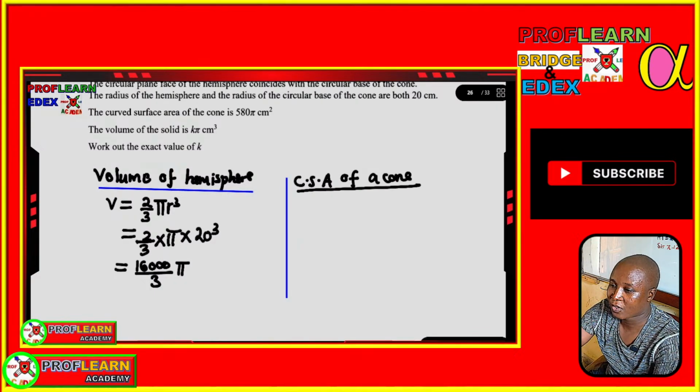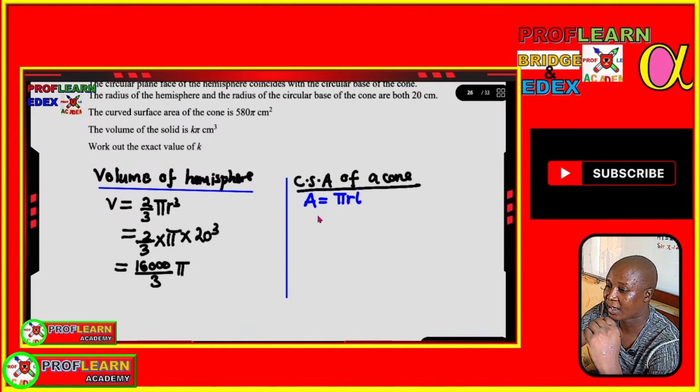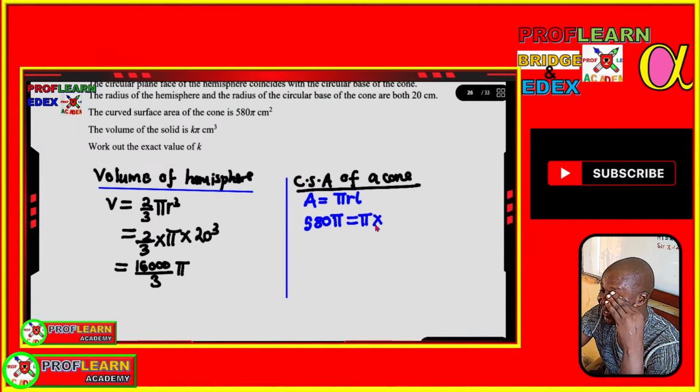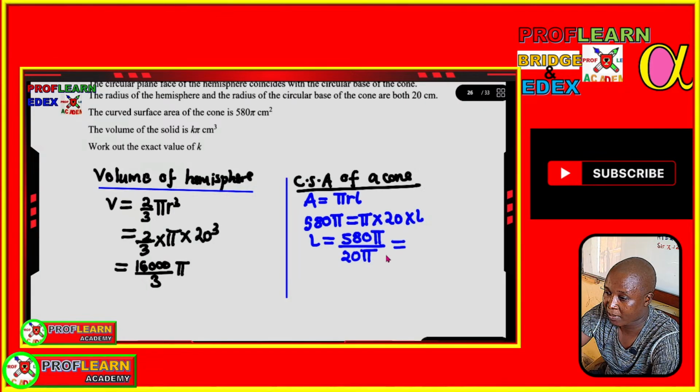So the surface area of a cone is usually given by the formula pi r L, where this L is the slant height. Since we know the radius, we can get the slant height using the surface area that was provided, and we find L here, whereby we divide both sides by 20 pi, and this is going to translate to 29.